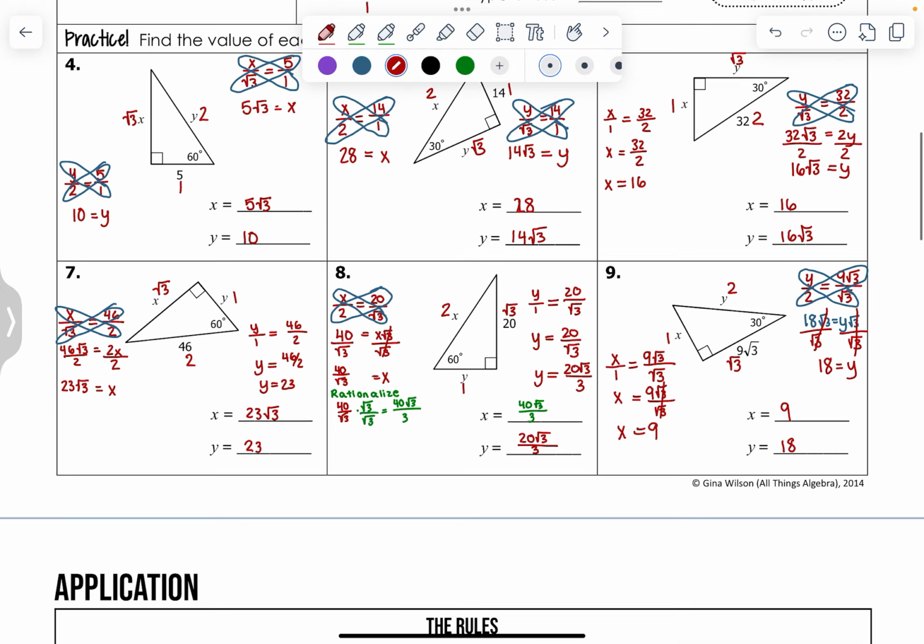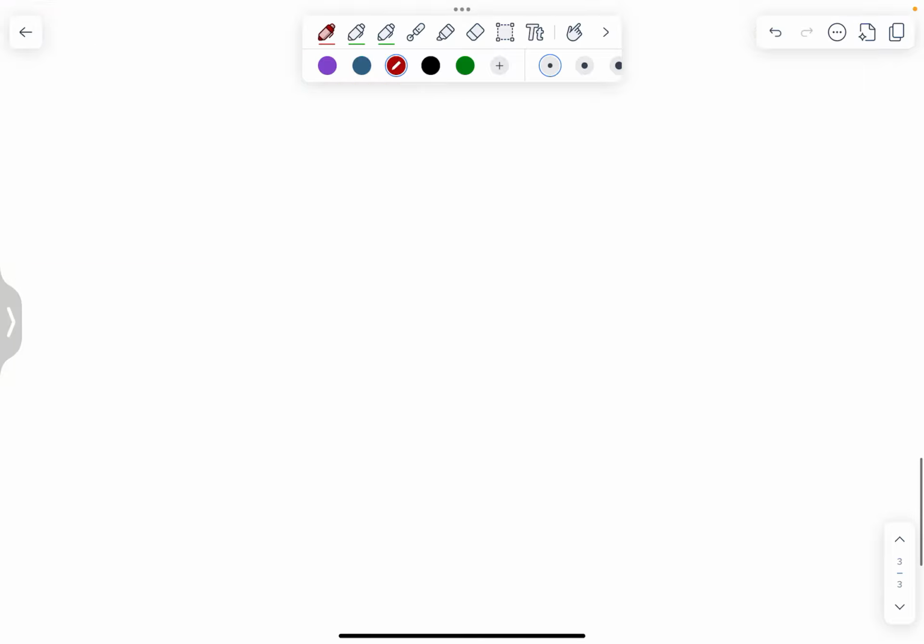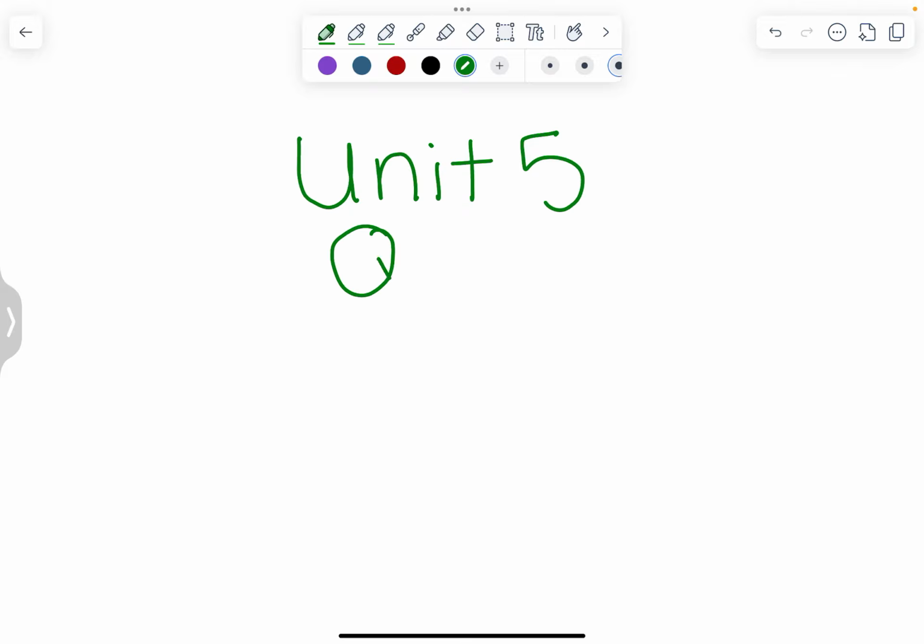All right, so let's talk about your quiz. You're about to take your Unit 5 quiz. For the Unit 5 quiz, the good news is it's open note.